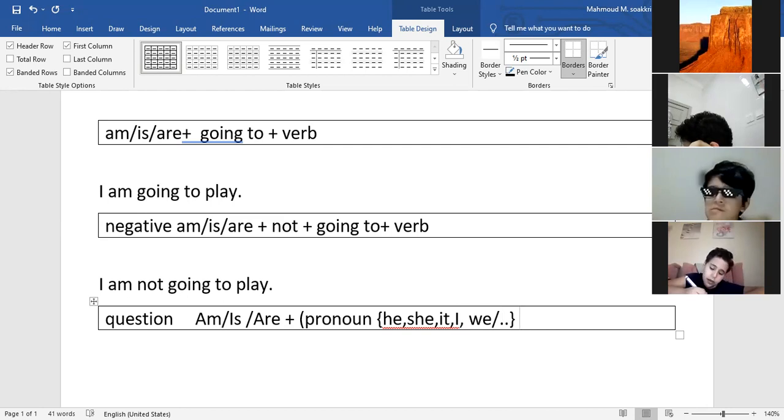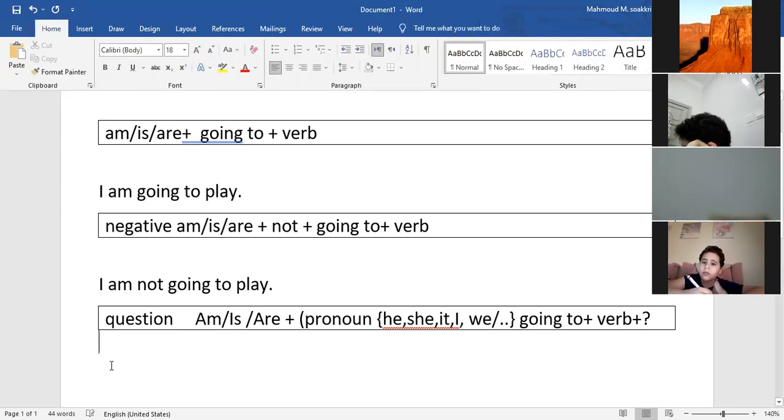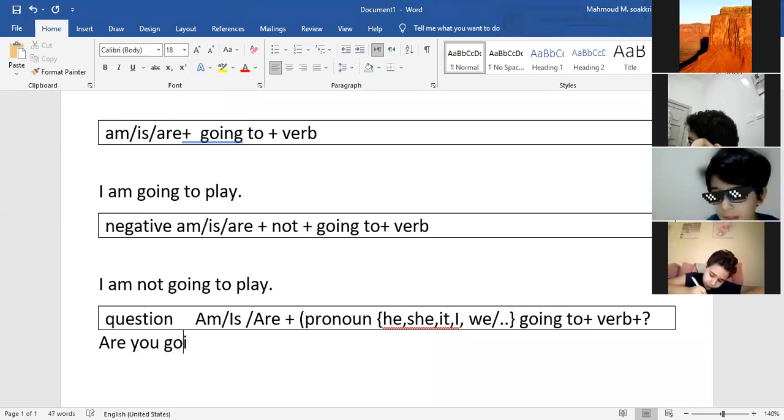And then going to. And then the verb. And then the question mark. Let's have an example. I am not going to play becomes are you going to play?